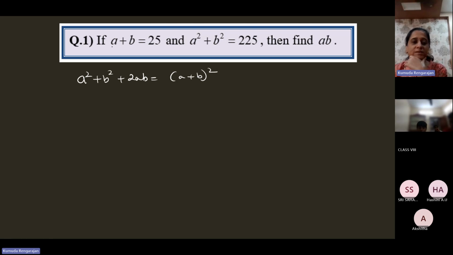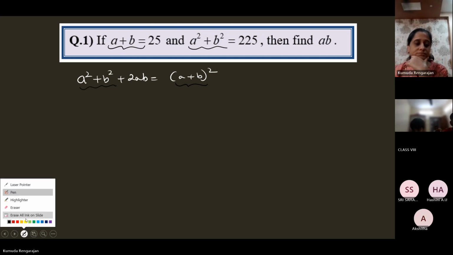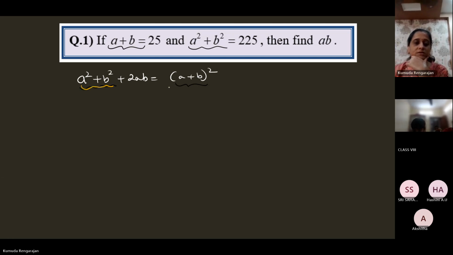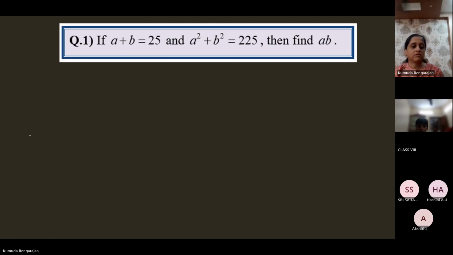See, this identity has a plus b here. Then it has a squared plus b squared here. And it also has ab. We have to find ab. So we write this identity. The second method is you'll have to write an identity that has the expressions given in the question.